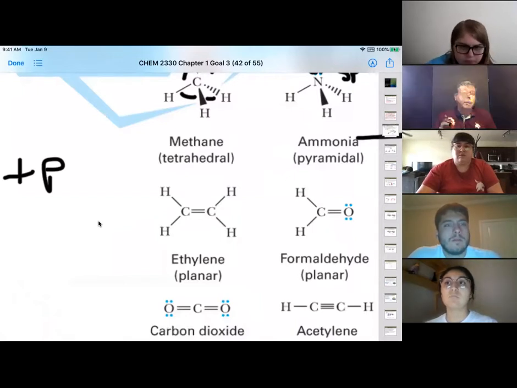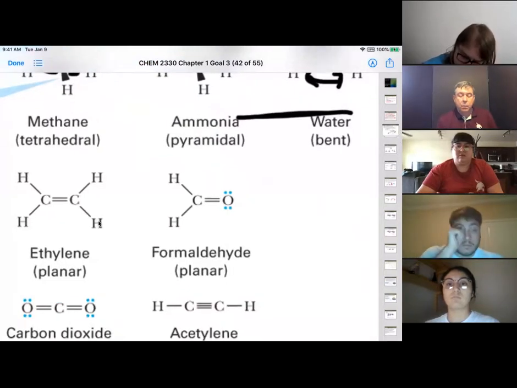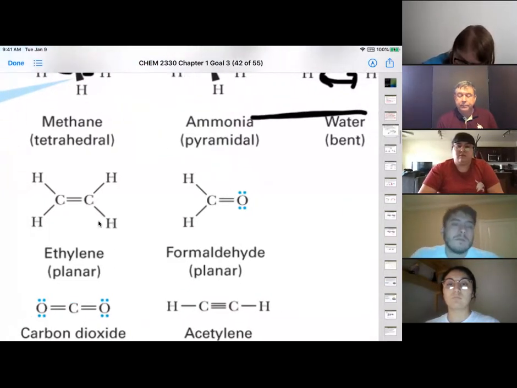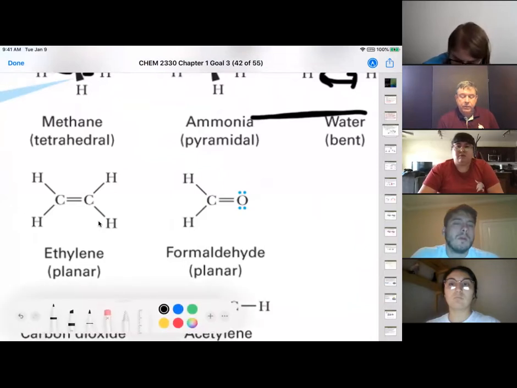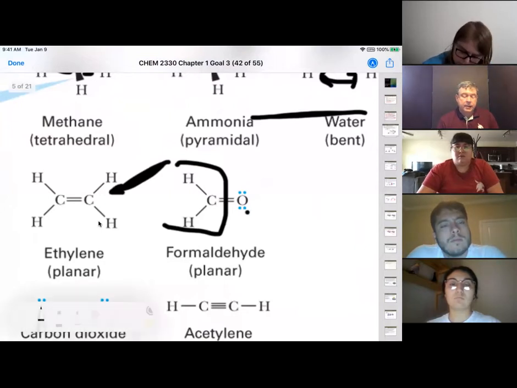What if we don't have 3 things bonded to it, but it's still that sp2 hybridized? Well, if we look at formaldehyde here, okay, this side of the molecule looks trigonal planar just like this stuff over here. But this side doesn't, okay?